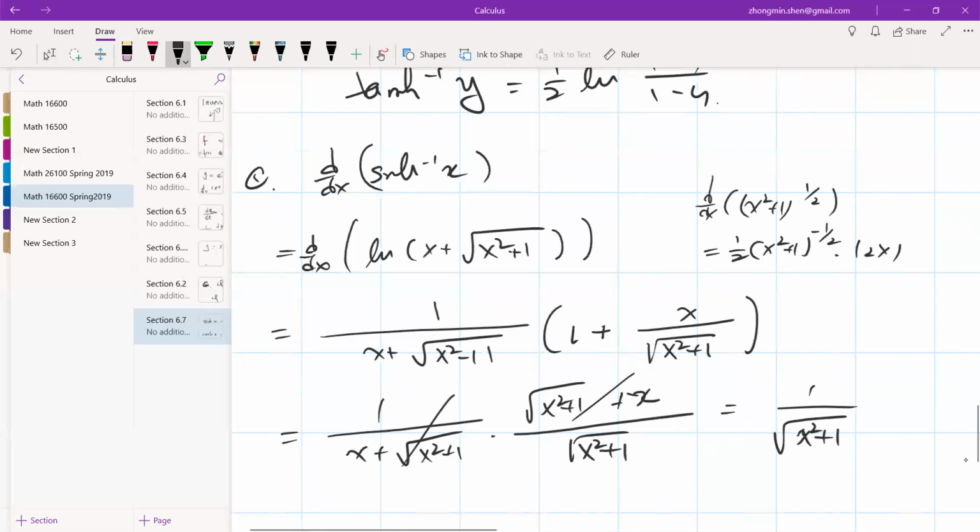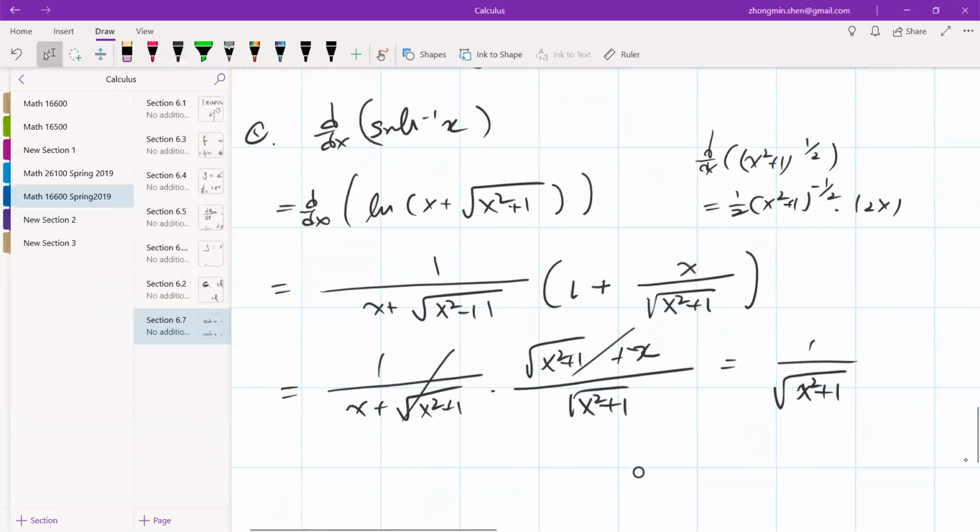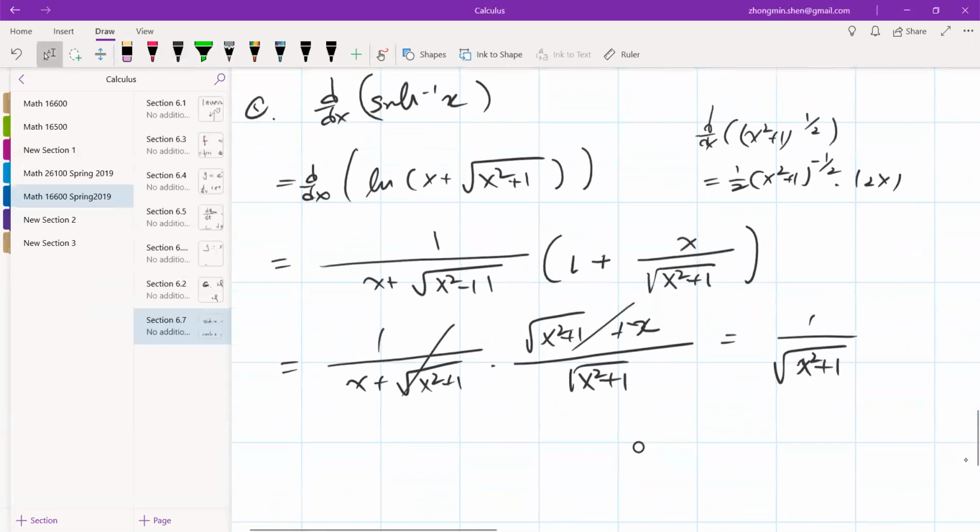Wonderful. So that's our motivation to find the inverse of hyperbolic sine x, because the integral of 1 over the square root of 1 plus x squared dx is going to be this.